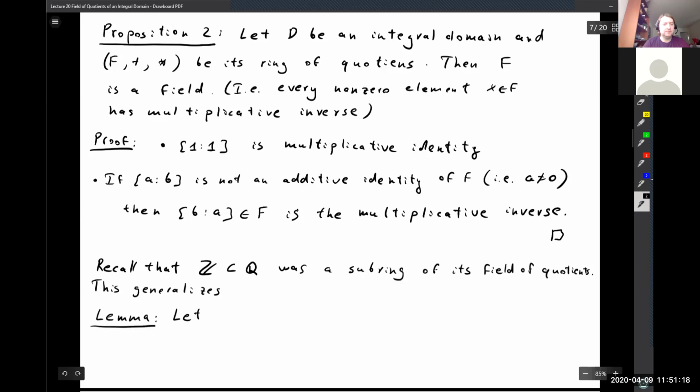So let D be an integral domain, and F be its field of quotients.